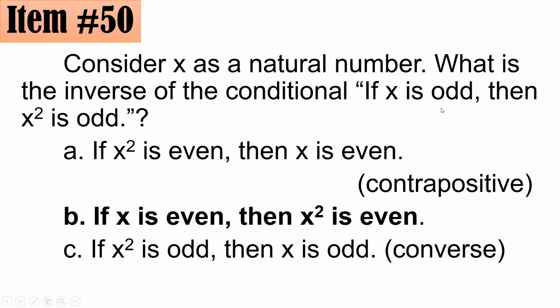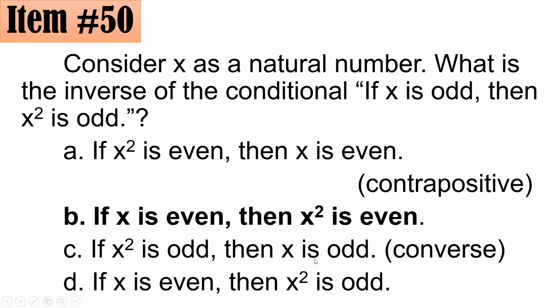Kung makikita po ninyo, yung conclusion na x squared is odd, naging premise, at yung premise naging conclusion na. Converse po yan. Letter D, I believe is the same. It's not one of them. So letter B po. But again, this is a bonus question na lang po kasi mali po yata yung pagka-copy-paste sa inyo.